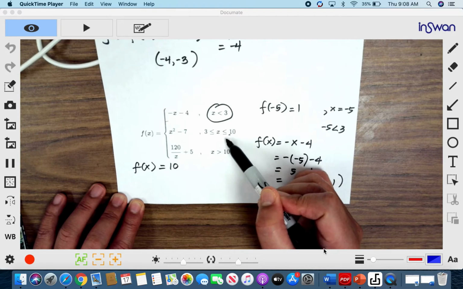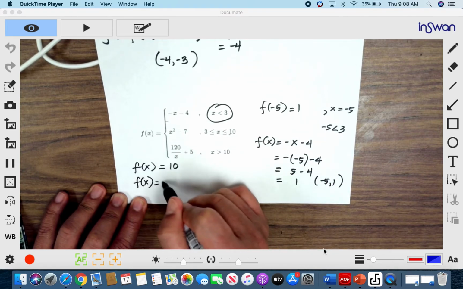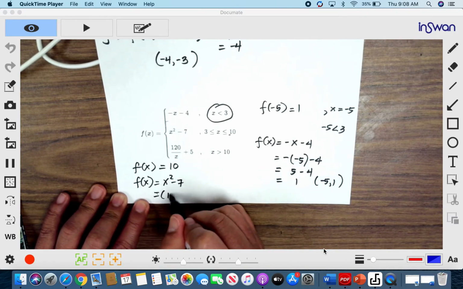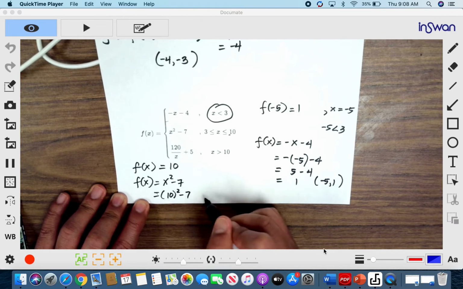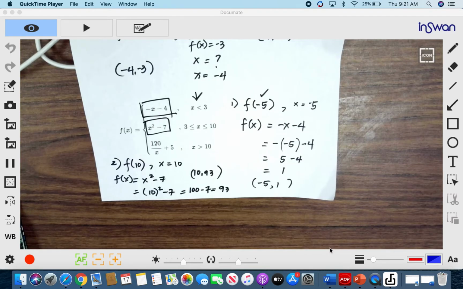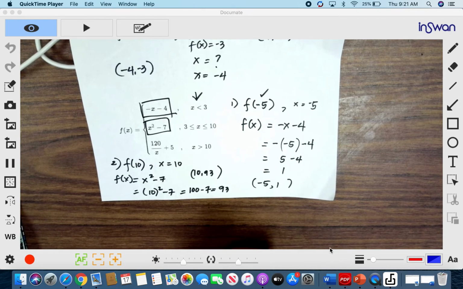So you need to choose the second equation: f of x is equal to x squared minus 7. Then you just plug in your x, and it gives 100 minus 7, which is 93. So your graph will be hit by the point (10, 93).